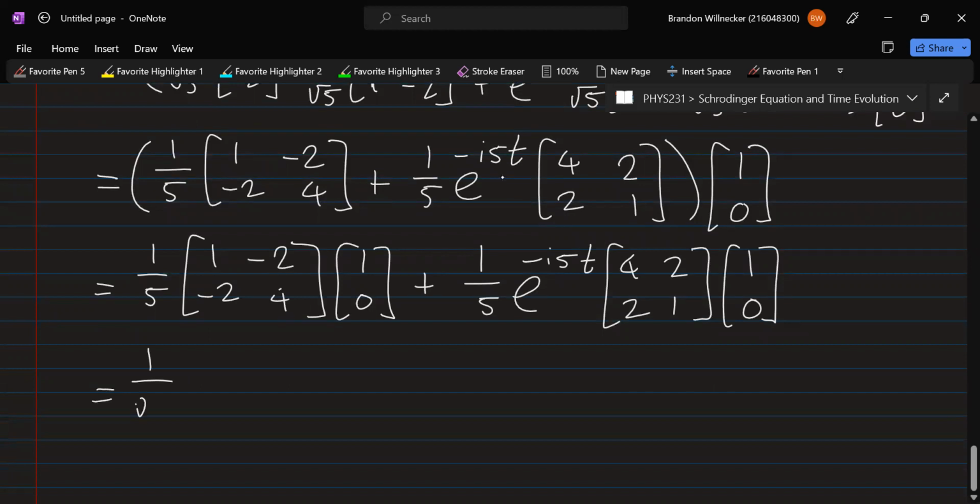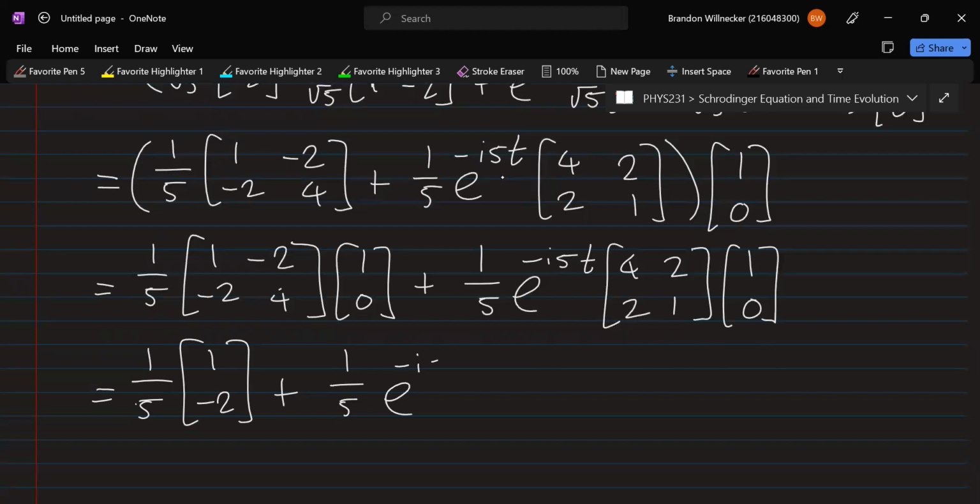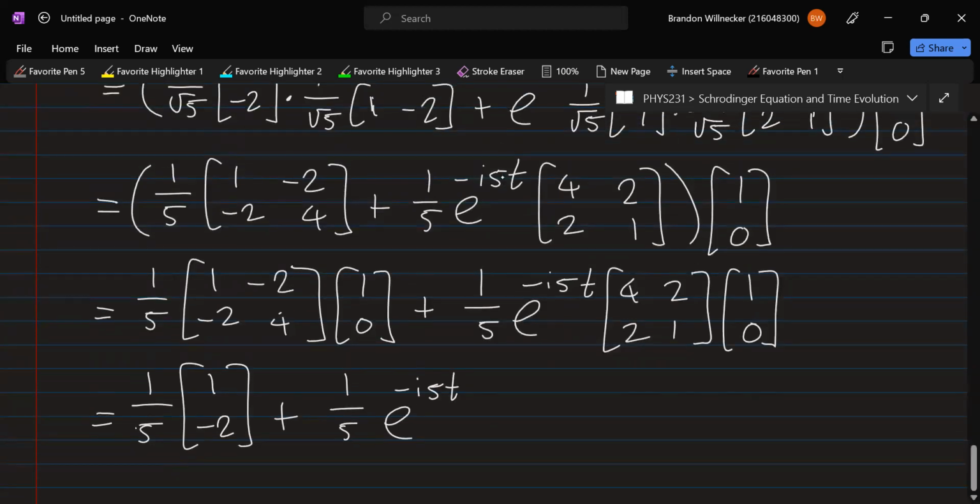So this is 1 over 5. Then this is going to be 1 if we do the dot product there, and then minus 2. Plus 1 over 5 e to the minus root 5 t. Then we're going to get 4 and 2.